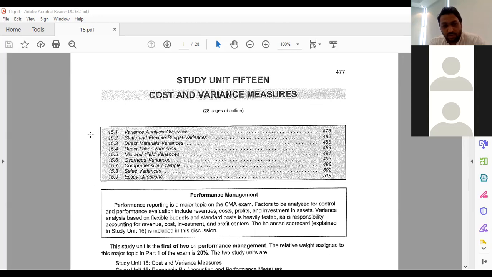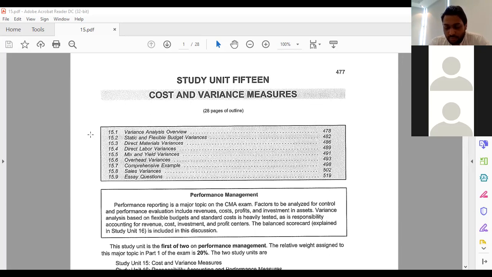We have something to match with, a benchmark for testing whether we are reaching our target or not. So how will we do this comparison? That is the variance analysis we do, between budgets like flexible and static budgets.